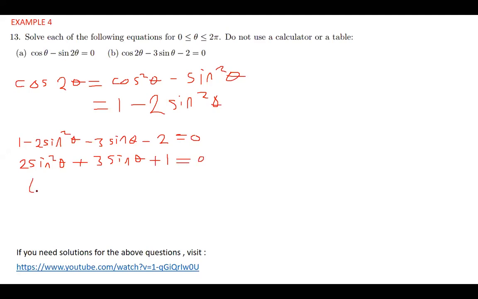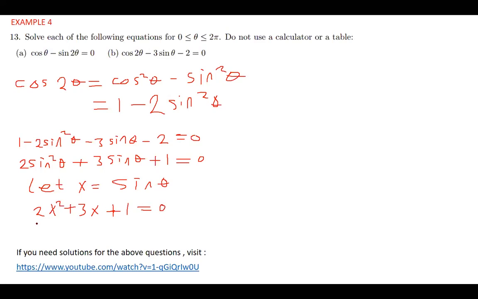So here, for simplicity's sake, let x be equal to sine theta, so that where there is sine theta, you replace it with x. So you're going to have 2x squared plus 3x plus 1 is equal to 0.